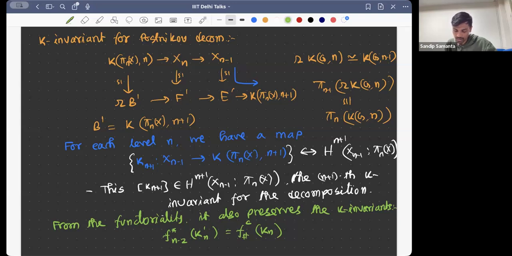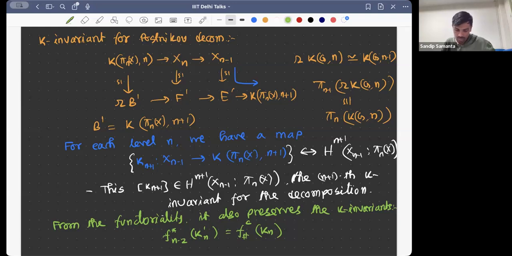Since f is a map from X to X prime, it induces maps at each homotopy group level. On the cohomology groups, as these k-invariants have coefficients in the homotopy groups, this C is basically changing the coefficient group of the cohomology group.